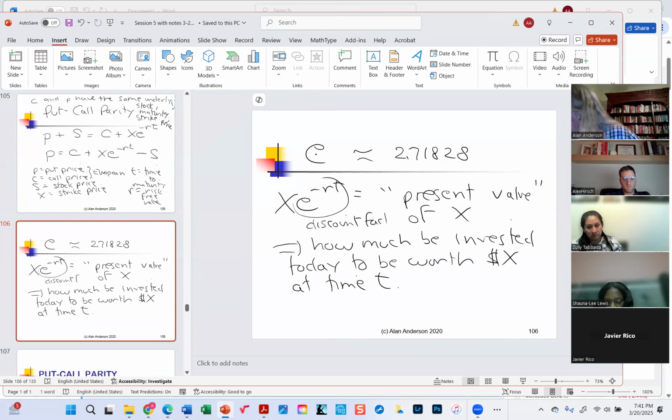This is how much we're discounting the cash flows based on what the interest rate is and how much time will evolve until the maturity date.